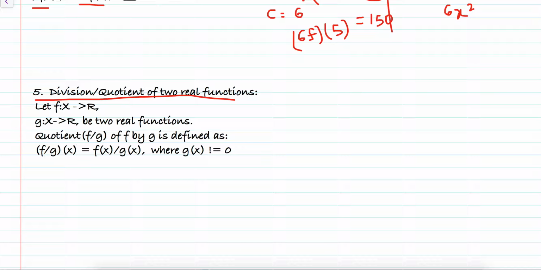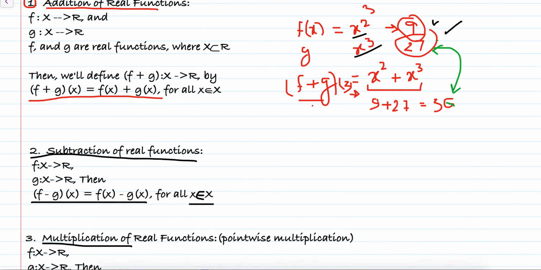So these were the major operations that we can perform on two real functions.